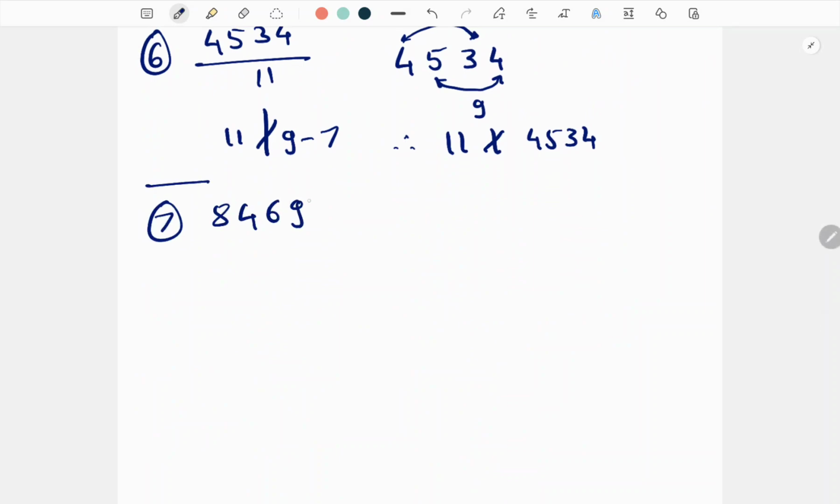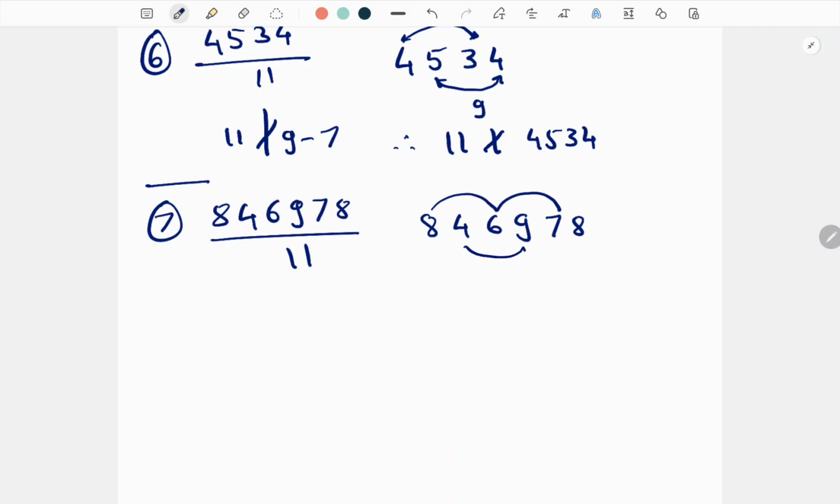846978 divided by 11. We want to see if the division is possible, or rather if the division gives an integer. So let's take the alternate numbers on the even places, and these are the numbers on the odd places. 8 plus 6 is 14, plus 7 is 21, and 4 plus 9 is 13, plus 8 is again 21, and 21 minus 21 is 0, and 11 definitely divides 0.